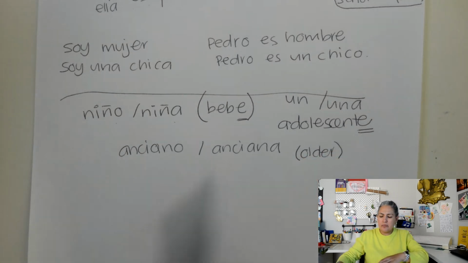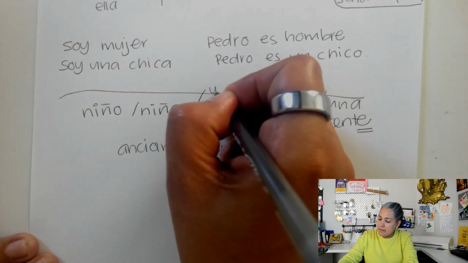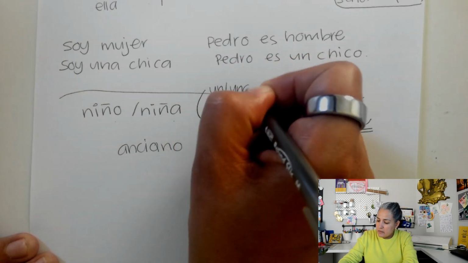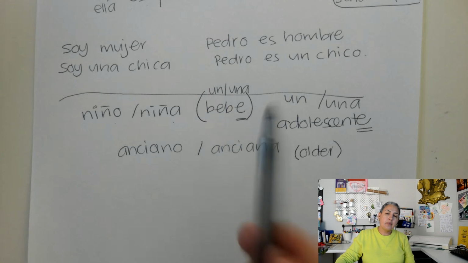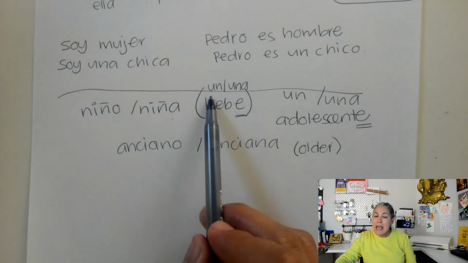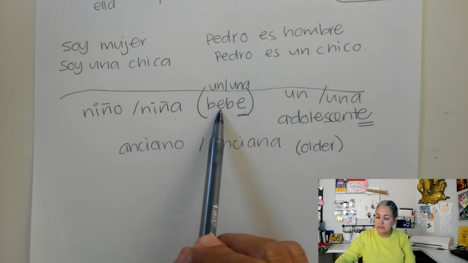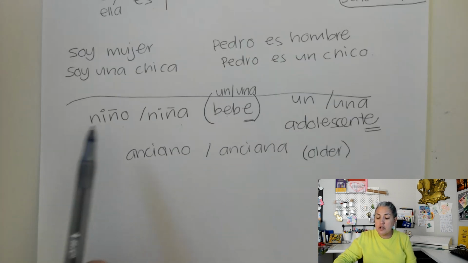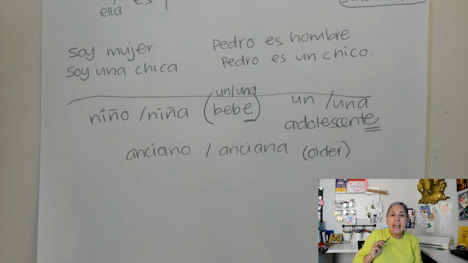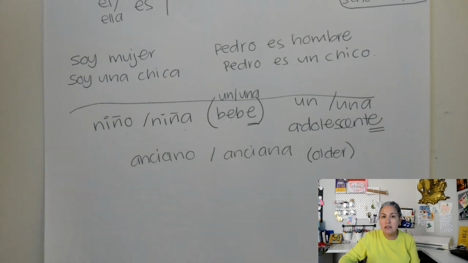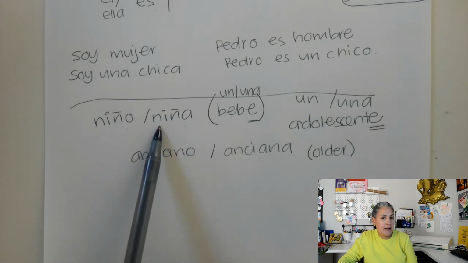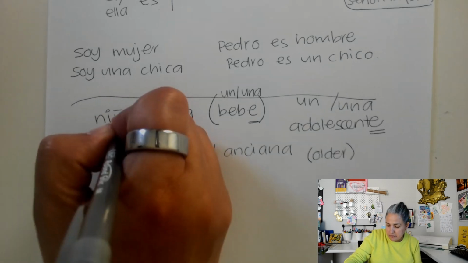So let's go in order. Un bebé, una bebé. If we're talking about someone else, es un bebé, es una bebé. We're talking about someone specifically. Eres niño, eres niña. That's a girl or boy.